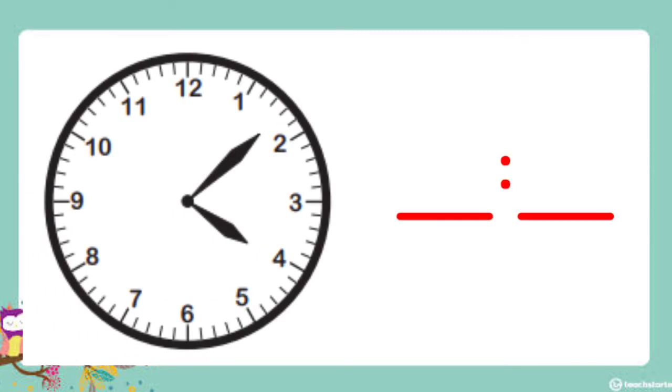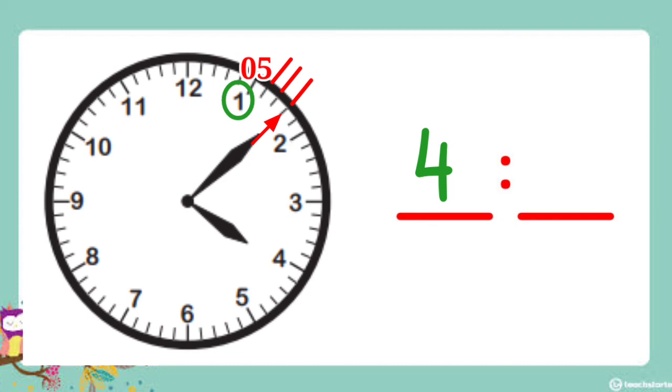Next one. Let's look at the hour hand. It's pointing directly at 4. So the hour is 4. Now let us have the minute hand. It went past 1 by 3 lines. So let's count by 5s. 5. Okay, let's stop there because the hand does not reach 2.